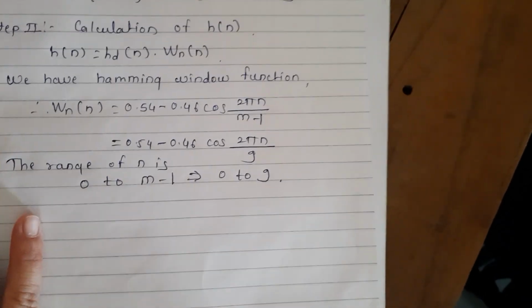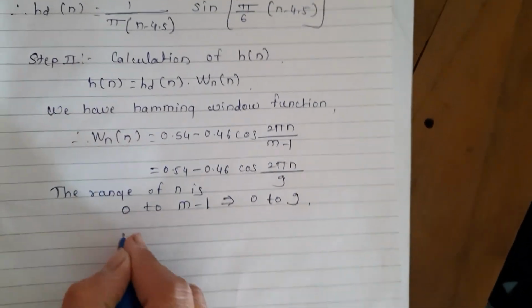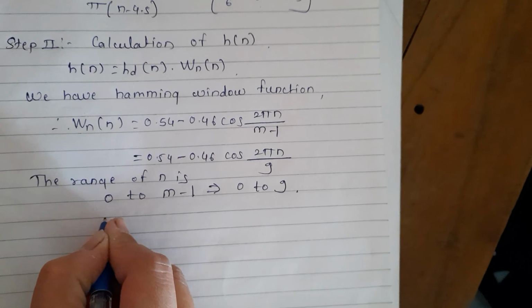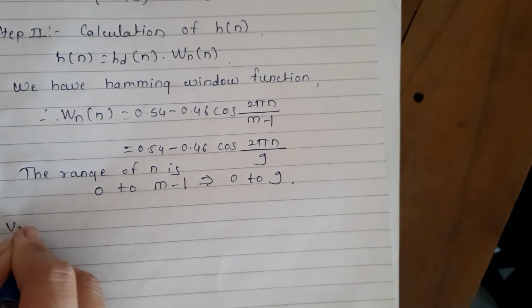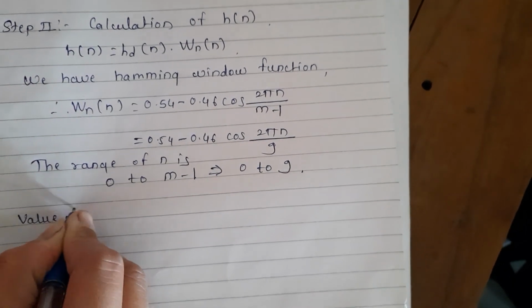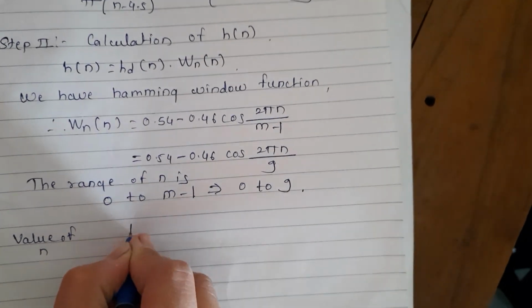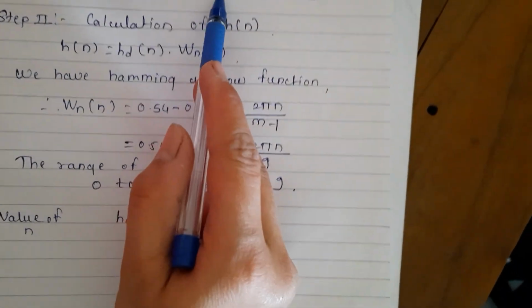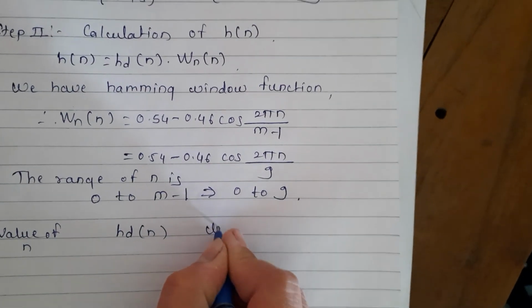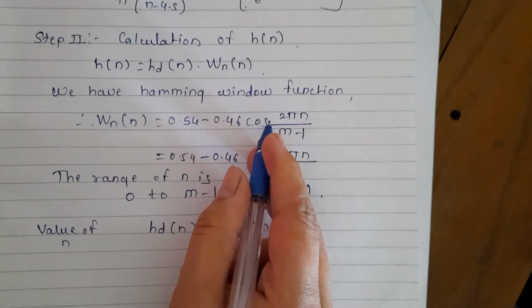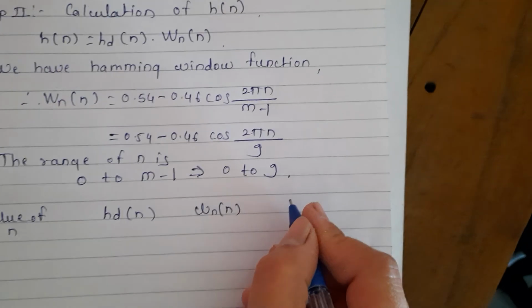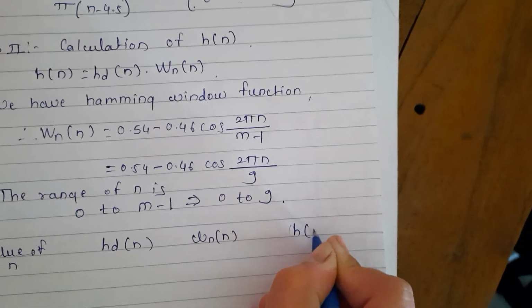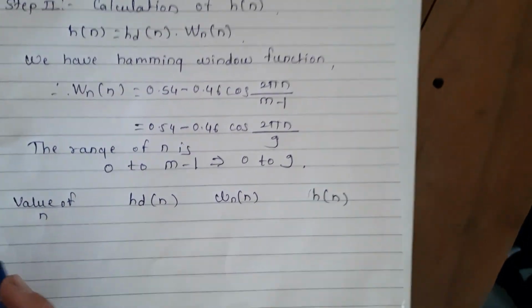Now the following table gives the calculation of hn. So here is the value of n, this is hd of n, where the hd of n formula is here. Next is w of n, formula is here, and next is h of n, that is equal to the multiplication of these two.